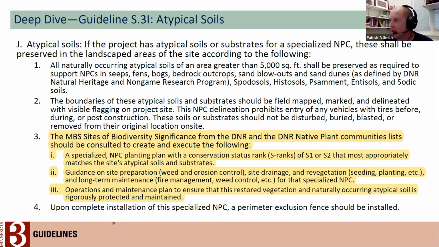This looks at DNR publicly posted information to find out if you have atypical soils, and then if you do, flagging those, delineating them, and making sure that you're not disturbing those soils during or post construction. This is just being cautious with those more precious atypical soils that are present in some areas of Minnesota.